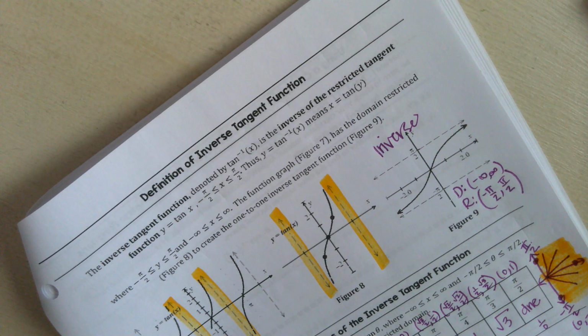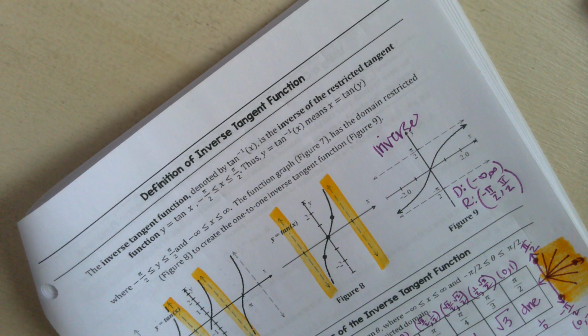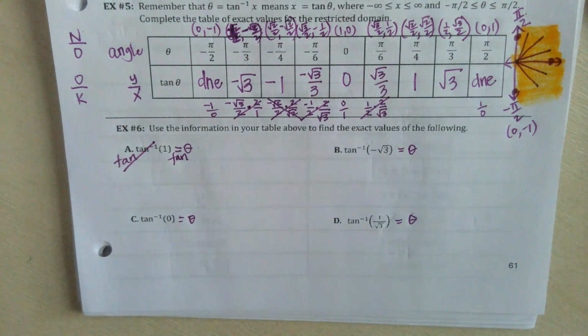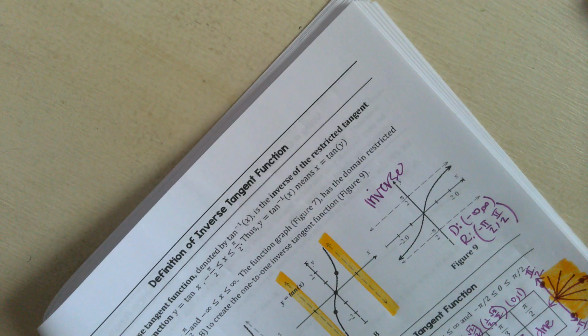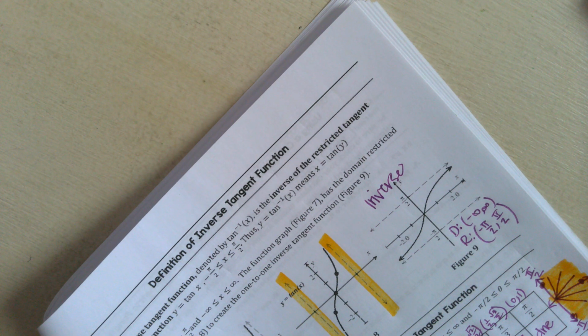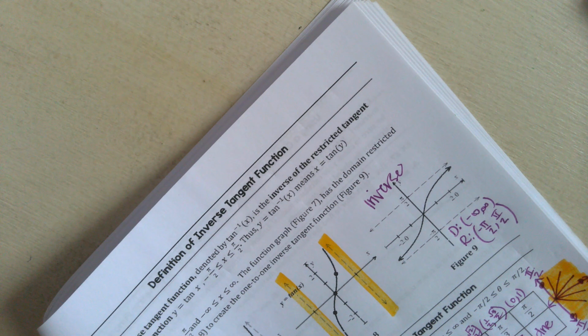So the first one, just to kind of show you how I would set it up, I'm going to take the tangent of both sides. Tangent and tangent inverse cancel out, okay? I want you to do those, and I want you to check your work with your neighbor. And when we do this in class, okay, if you do not show your work, you do not get credit.